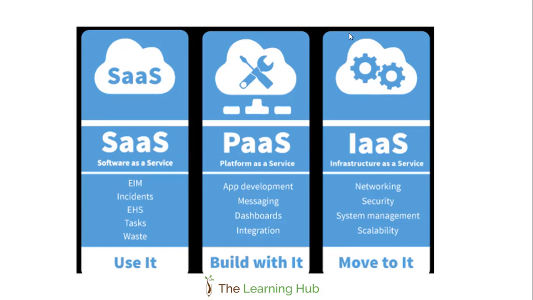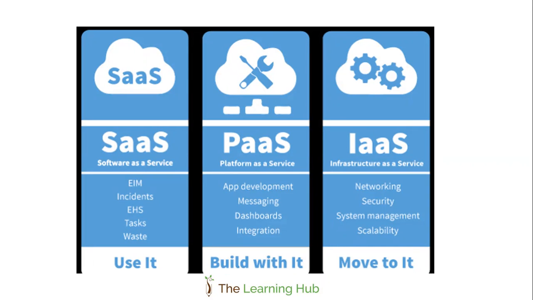The first one is known as infrastructure as a service. The next one is known as platform as a service. The other one is called software as a service. Infrastructure as a service means you are renting computer infrastructure.